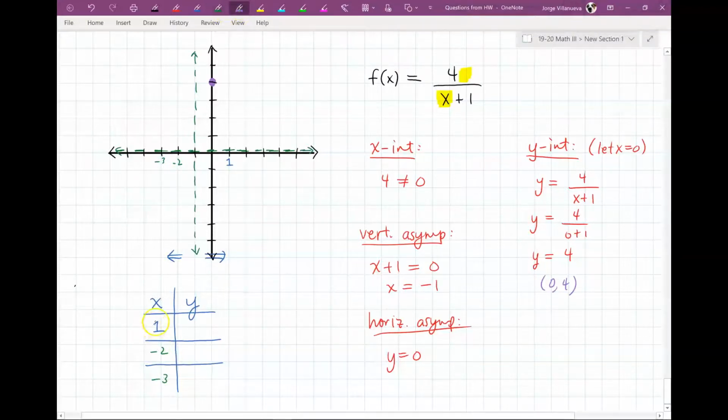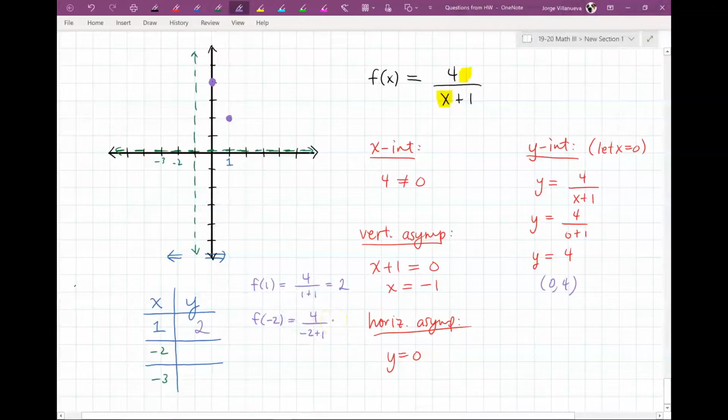So if I plug in a 1 into f of x, then f of 1 will be 4 over 1 plus 1. So that's 2. So (1, 2), I'll put it right here. Okay. Now, the next one I plug in a -2. So f of -2, that's going to be 4 over -2 plus 1.